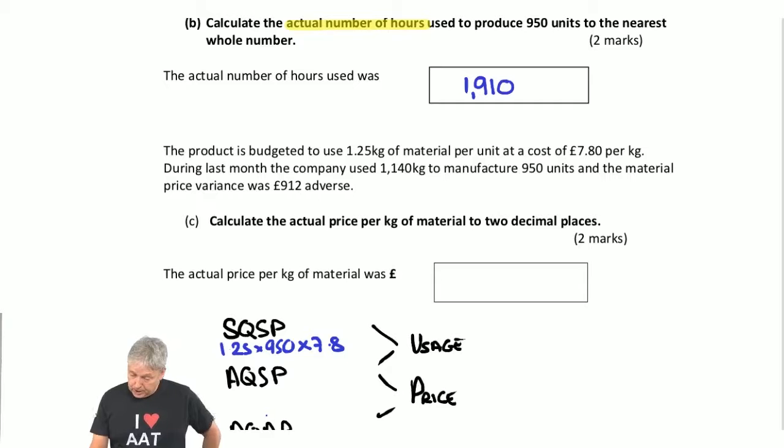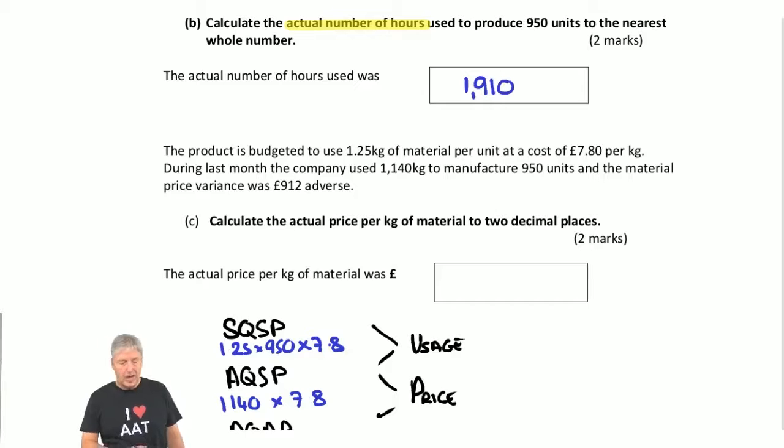For the actual quantity at standard price, we're told that last month we used 1,140 kilos at 7.80. And what we want to do is to establish the actual price per kilo. If you work through the numbers, you will get to an actual price of 8.60.